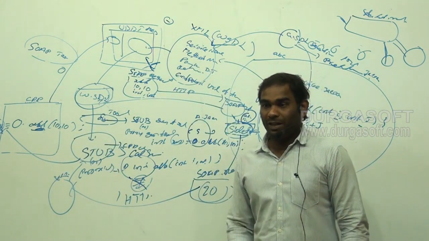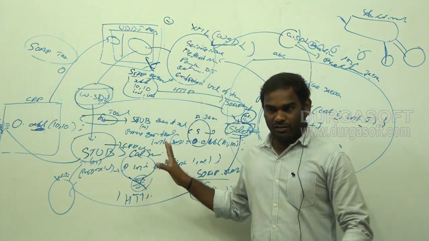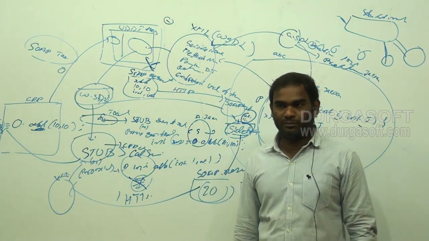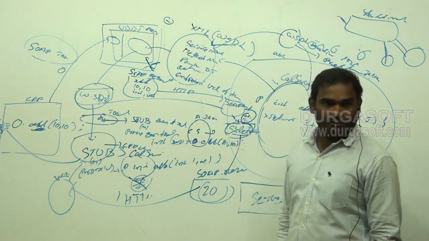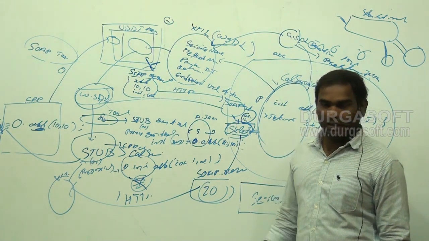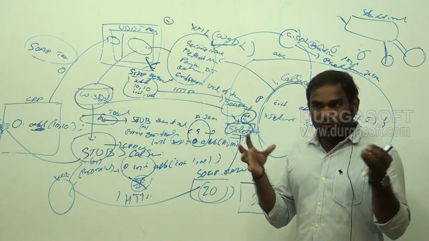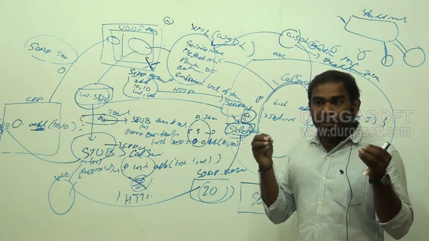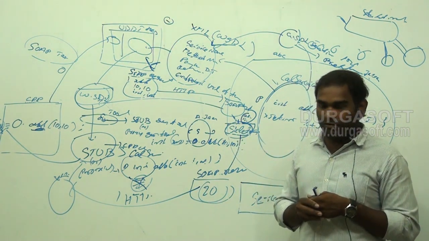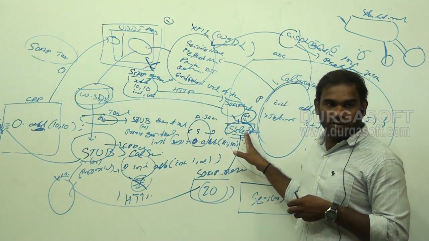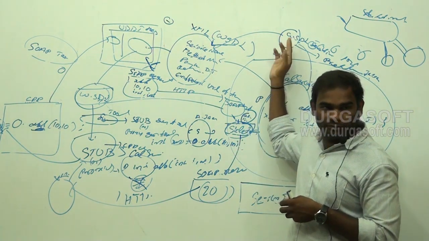Understood? So what are the main components we have in this web service architecture? One is the skeleton. Yes or no? Skeleton. And the second one is the WSDL generation tool.